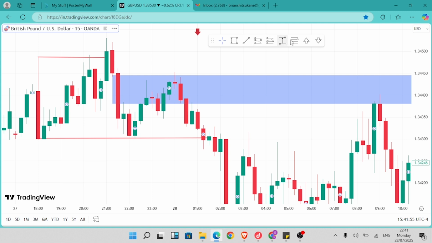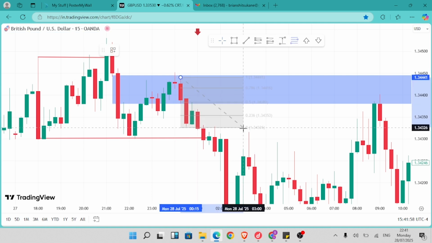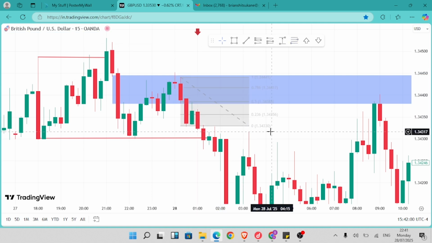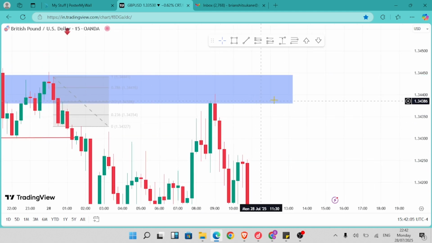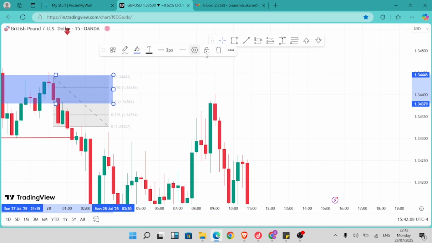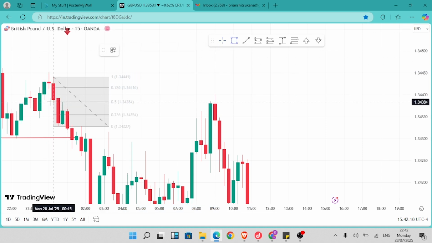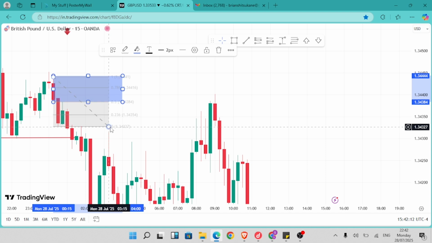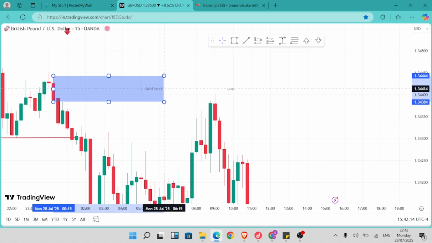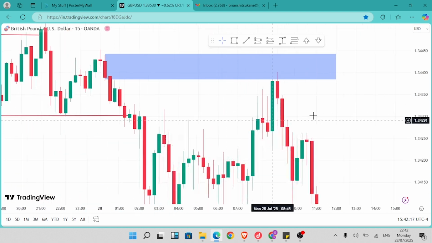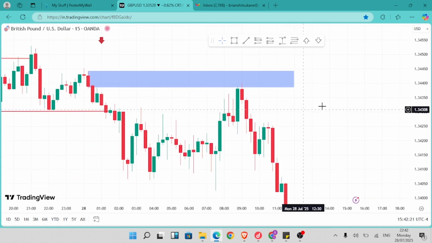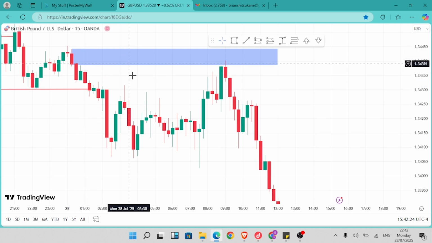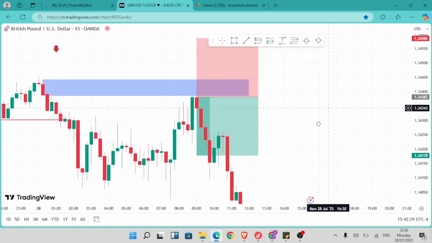Look at this, it gives us a dealing range right there, and now this would have given us something to work with. Look at the premium of this dealing range. Price came back into this premium, and this was a very good entry. I missed that. Oh my goodness, I missed this. Anyway, so we missed this.